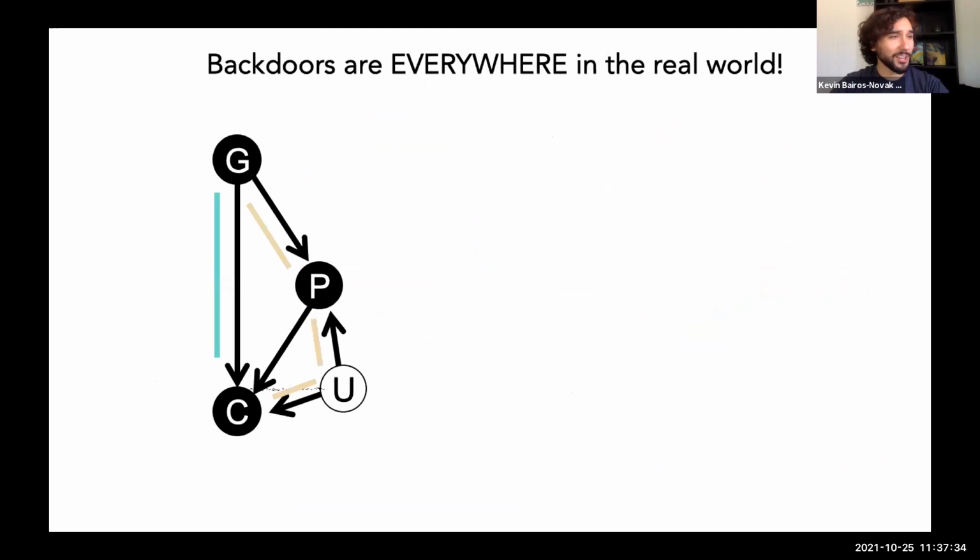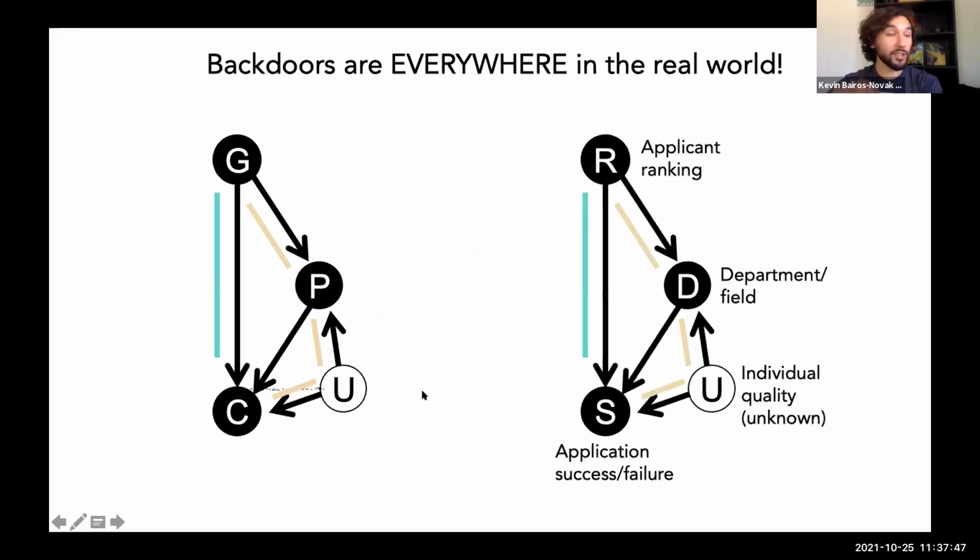So before I explain my tricks on how to deal with this unknown that we have, I just want to emphasize that these backdoor effects through colliders and mediated through unknown confounds, they're everywhere in the real world. One classic example that Richard McElreath really touches upon is the effect of gender bias in applications.